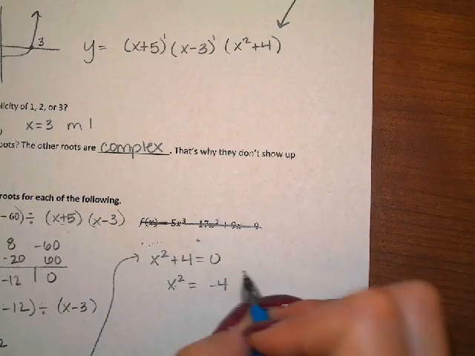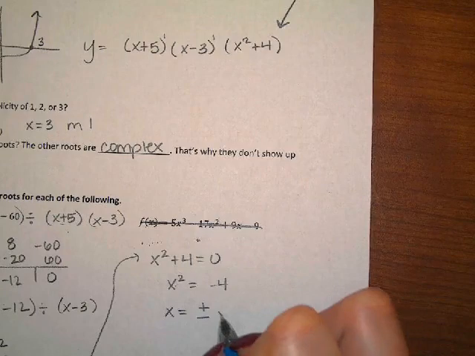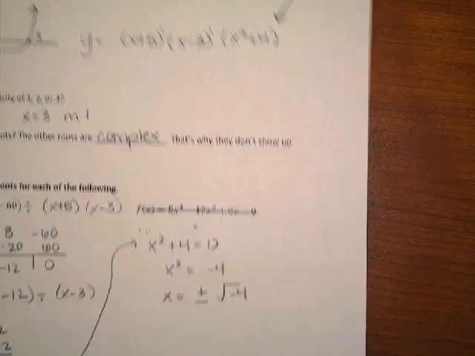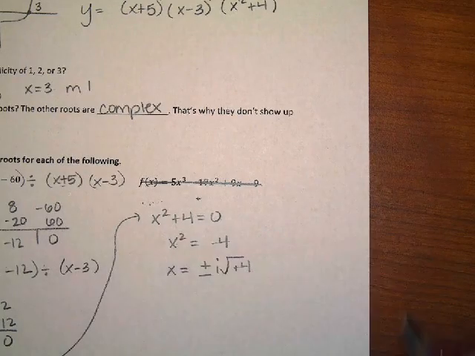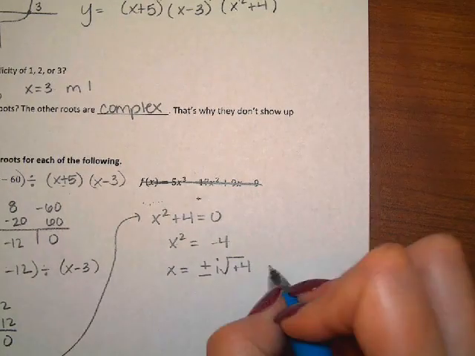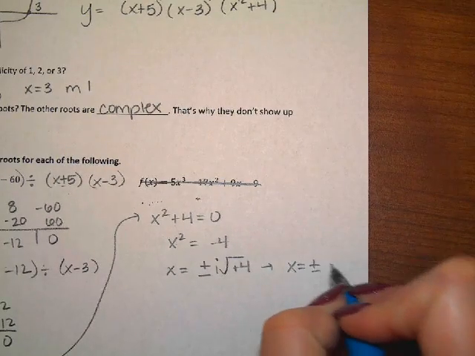And then we can square root both sides, and we get x is positive or negative square root of -4. And we can say, okay, that's a negative, so let me put an i in the front. And then the square root of 4 is 2, so this is x equals plus minus 2i.